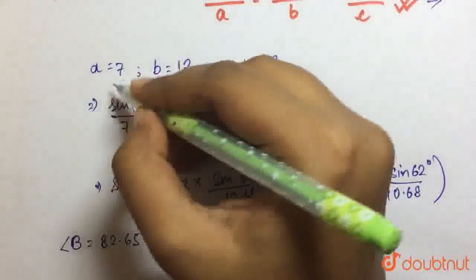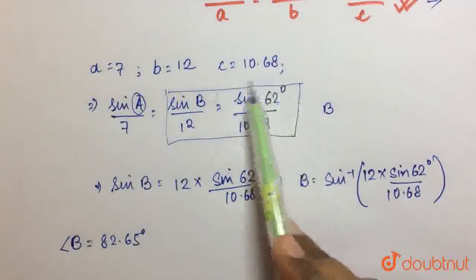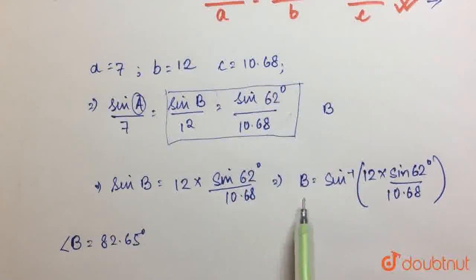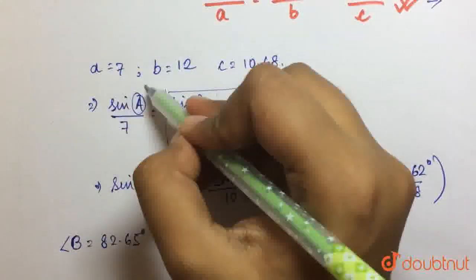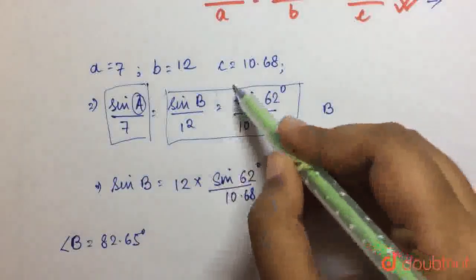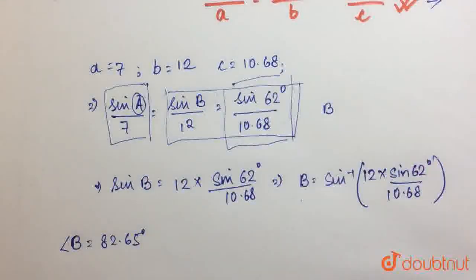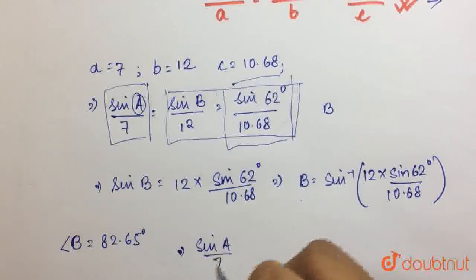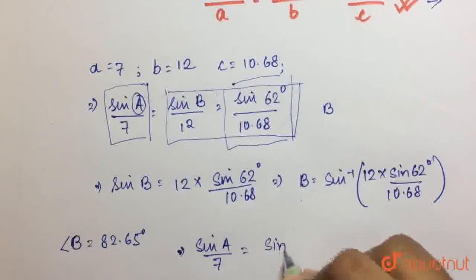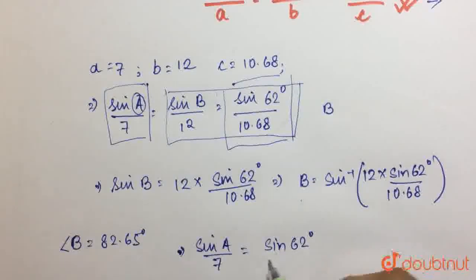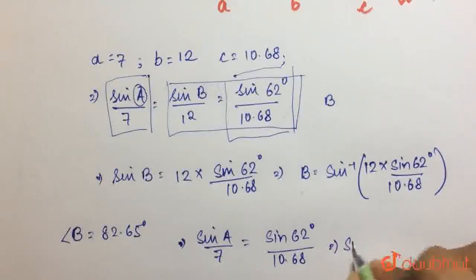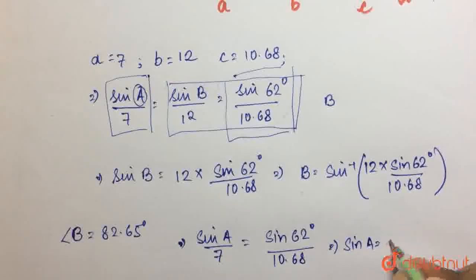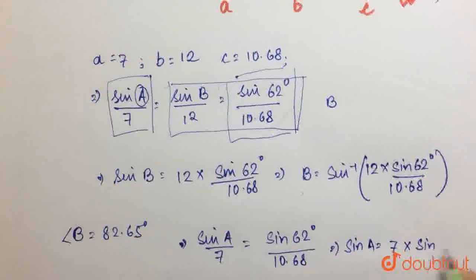Okay. Next we will find out the value of angle A. So for that we are going to take two values. Since we have already calculated the value of this earlier for finding out angle B, what we are going to do is take sine A by 7 equals sine 62 degree by 10.68. Okay. So that gives us sine A equals 7 into sine of 62 degree by 10.68.